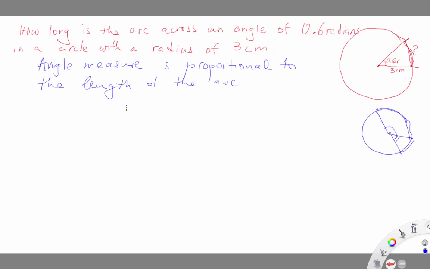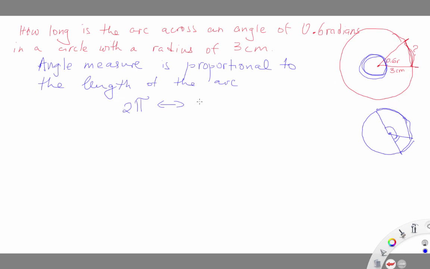So to write a proportion, we know that the size of the central angle in a circle is either 360 degrees, or we can also say that it is equal to 2 pi, right? So a circle has 360 degrees inside, or it has 2 pi radians inside. And this is going to be proportional to the length of the circumference of the circle.